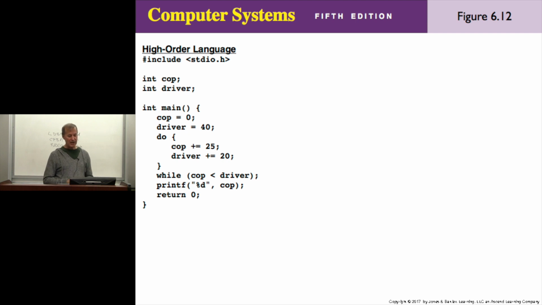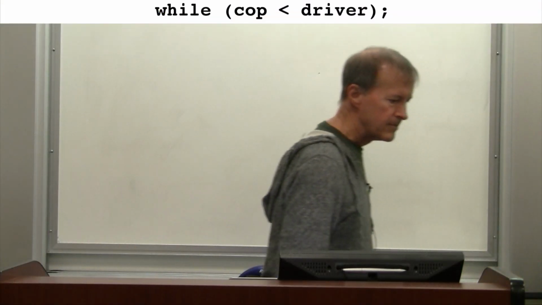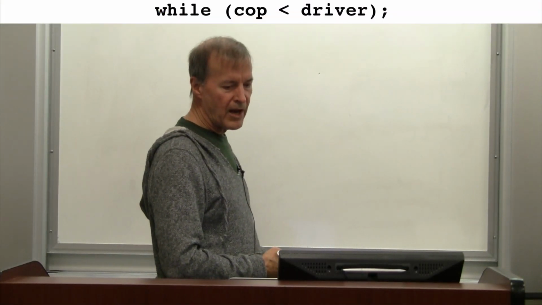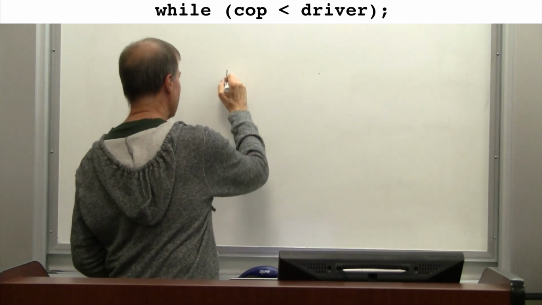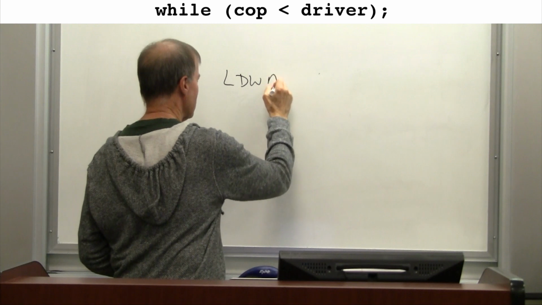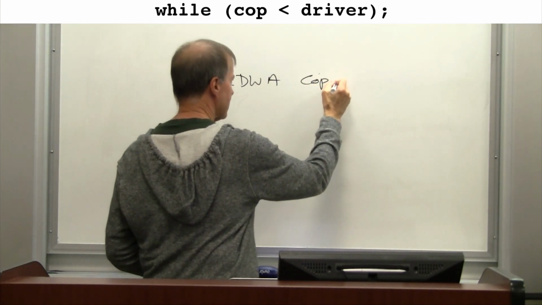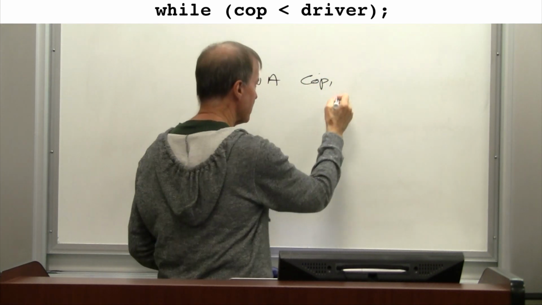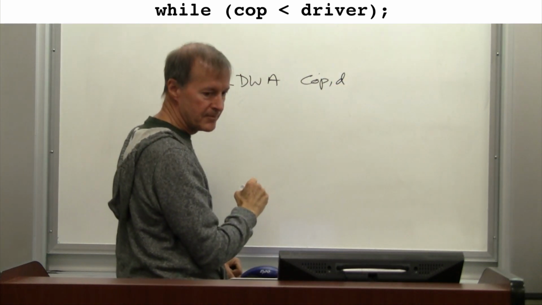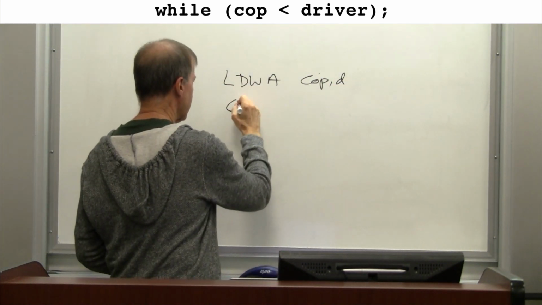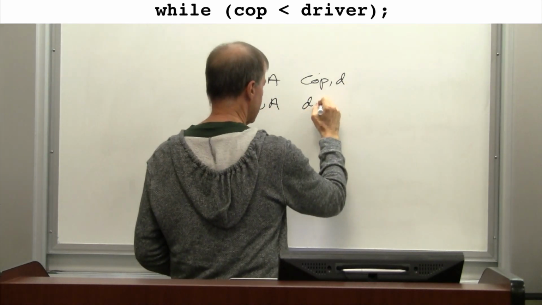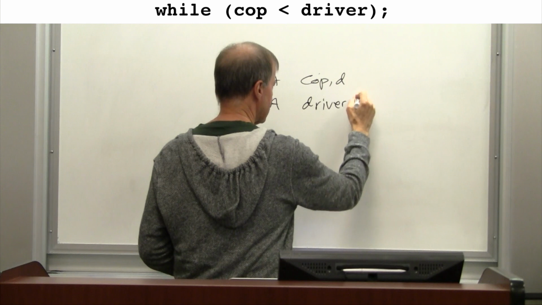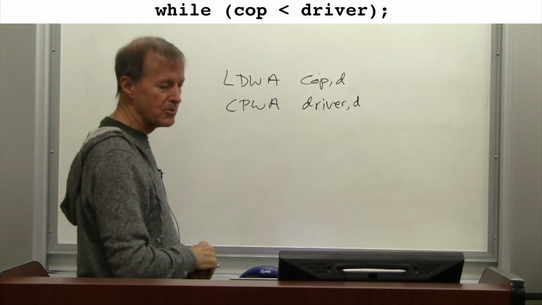Now let's see if we can do the test at the end: while cop is less than driver. Load word accumulator cop, direct because it's a global. Then compare word accumulator driver, also direct because it's a global.